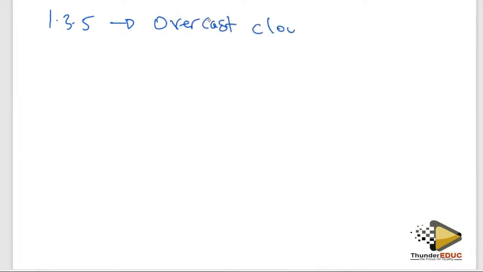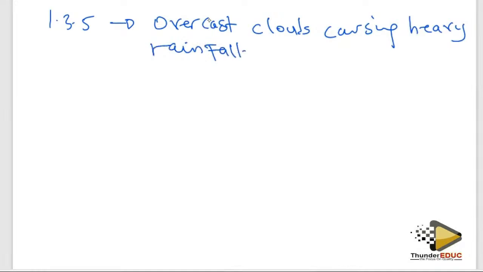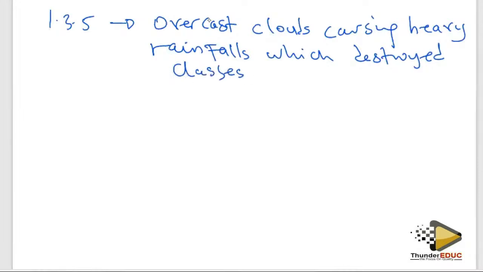overcast clouds causing heavy rainfalls, which destroyed classes, poles, etc. That's one.